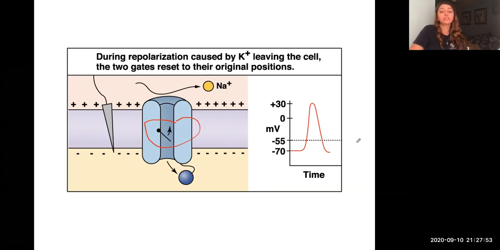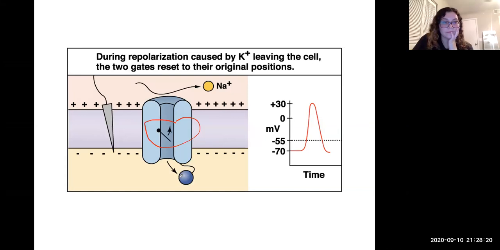That would mean that the absolute refractory period is over and the relative refractory period starts. So once it closes and it activates, another action potential can be fired if the stimulus is big enough. Do you understand that?